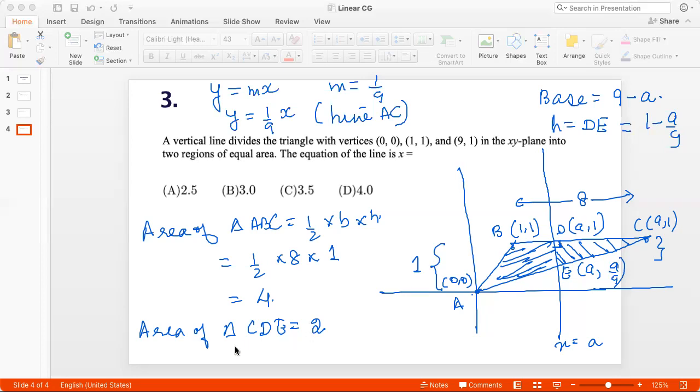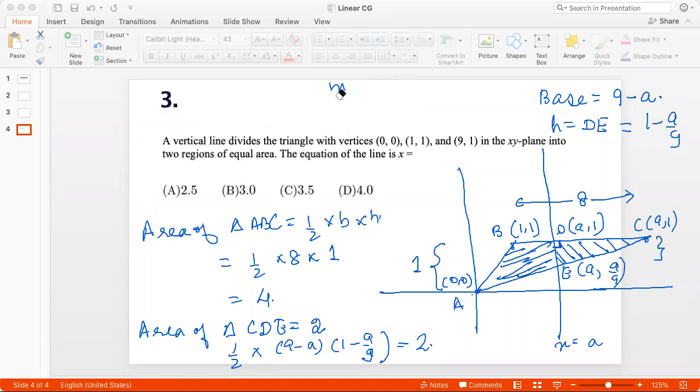Now I can say that half multiplied by 9 minus a multiplied by 1 minus a by 9 should be 2. So let me clean this up. Then I know that 9 minus a into 9 minus a is equal to 2 into 2 into 9, which is 36.